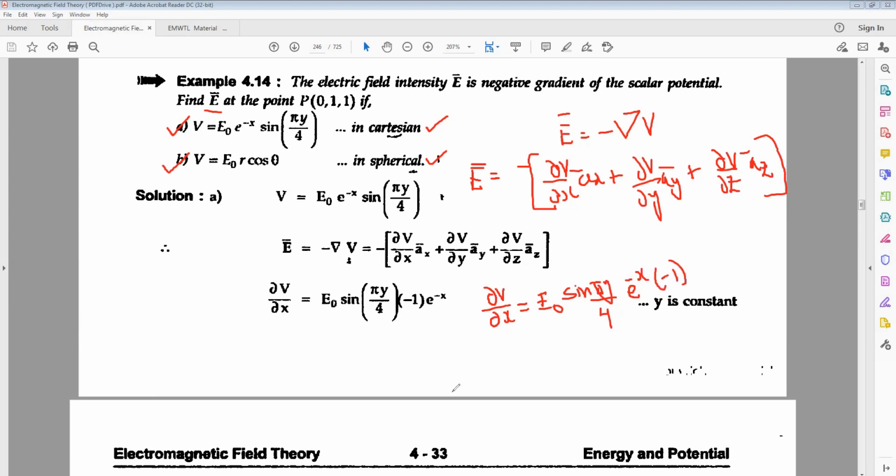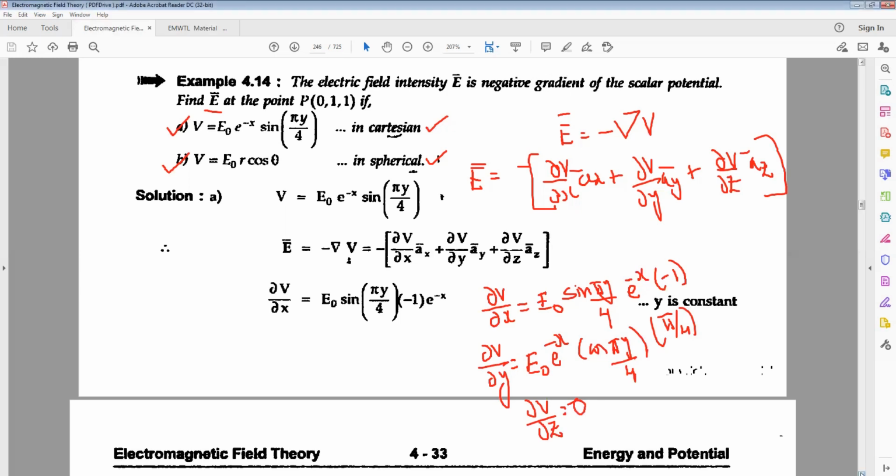Similarly, dou V by dou y is equal to E naught and e power minus x, which are constants, and we apply the derivative to the sine. The derivative of sine is cos pi y by 4, multiplied by pi by 4. And dou V by dou z is equal to 0, because there is no z term and the derivative of a constant is 0.